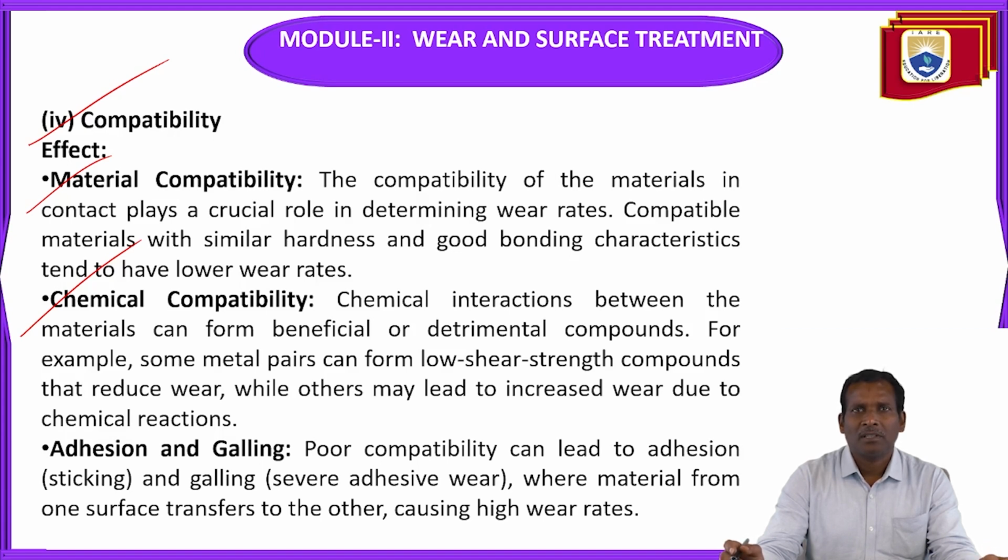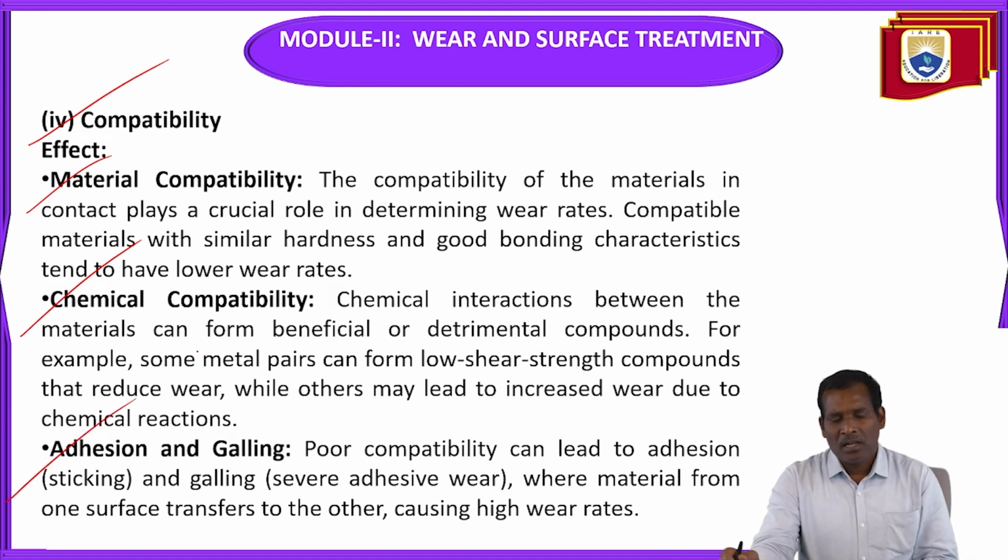For example, some metal pairs can form low shear strength compounds that reduce wear, while others may lead to increased wear due to chemical reactions. Adhesion and galling: poor compatibility can lead to adhesion, sticking, and galling. That is severe adhesive wear, where material from one surface transfers to another, causing high wear rates. All these points come under compatibility.